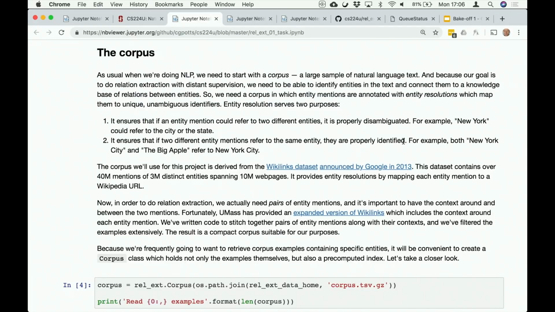And it's going to be really useful if those entities already have what are called entity resolutions. So an entity resolution basically takes an entity mention, like a string in a sentence that refers to an entity, and it maps it into a unique, unambiguous identifier. And that's going to be really useful because we're going to want to connect the corpus to the knowledge base, which is going to use the same unique, unambiguous identifiers.